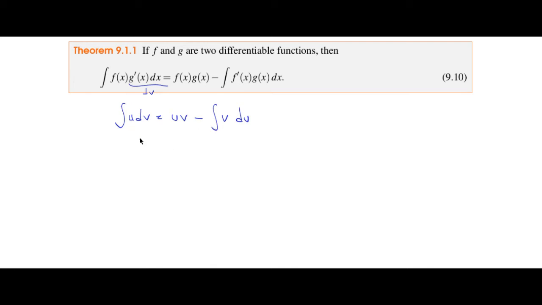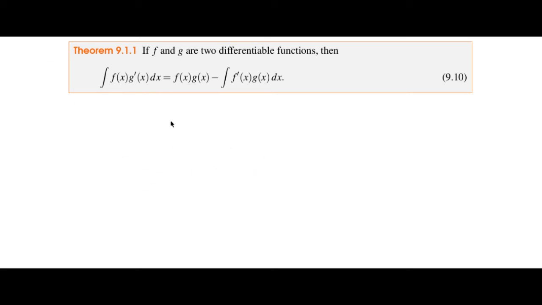It is the same as identifying our function u and our function dv, which is g prime dx, and then computing the derivative of f and the primitive of g.